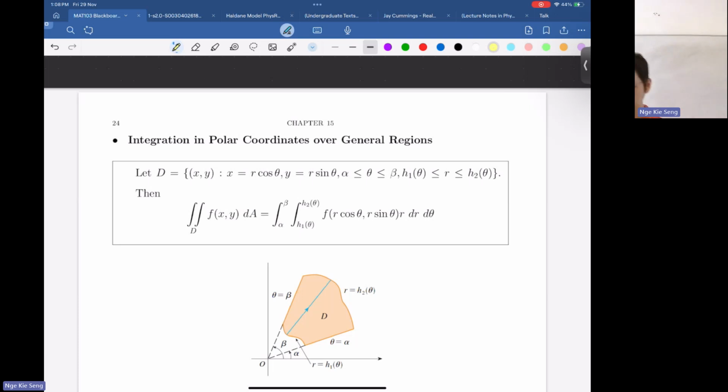So let's continue. Similar to integration in regular coordinates, we can also do polar coordinates over a general region. Meaning it is not a proper polar rectangle.